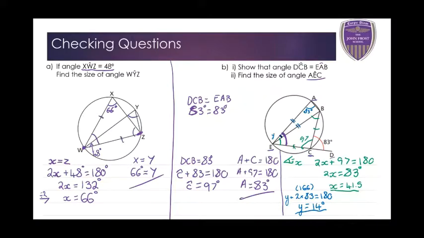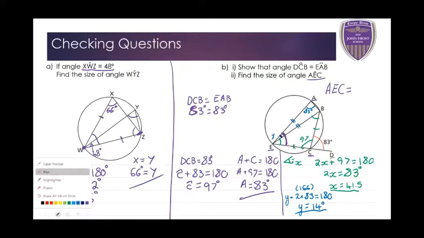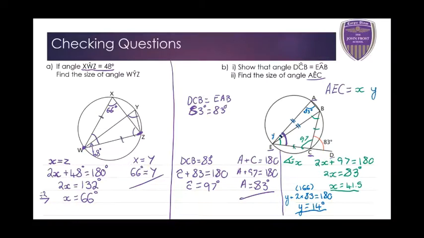Okay. So I found the two smaller angles, but I need to add them together to find the angle AEC. So let's do this in purple pen up here. So AEC is equal to, here are our colors, let's do green first, X, then Y. We're going to add these together to try and keep it neat in the purple pen.